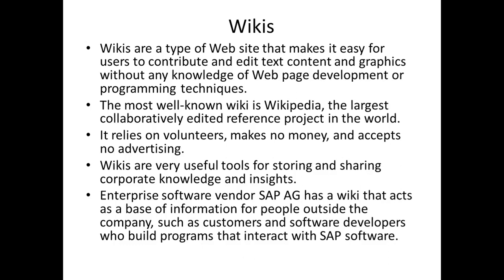Enterprise software vendor SAP. Now everybody knows SAP, it is like an ERP system. जसं ERP information system आहे तसं SAP काय एक information system आहे. It has a wiki that acts as a base of information for people outside the company, such as customers and software developers who write programs that interact with the SAP software.